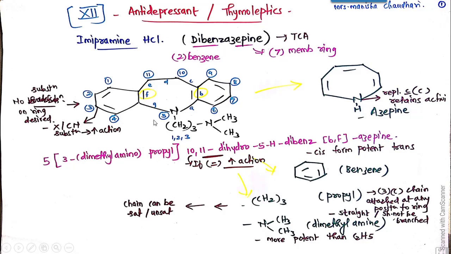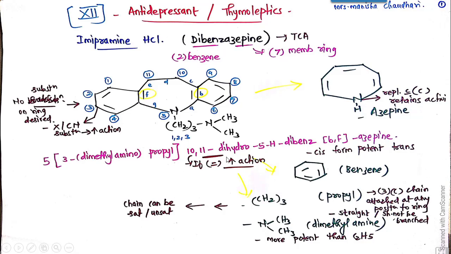So the 3rd carbon of the propyl parent chain has dimethyl amino, and it is attached at the 5th position of dibenzazepine. Bracket complete.